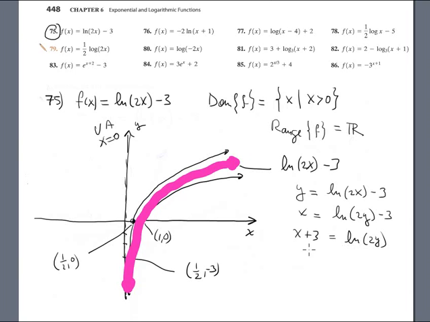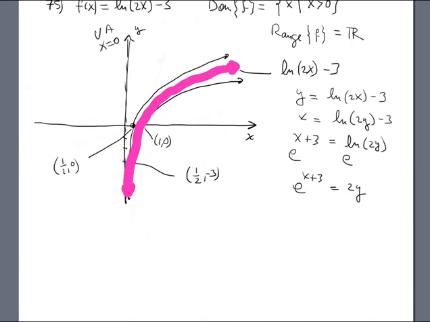Inside the argument is y, so you take the exponential of both sides. The exponential of x plus 3 is equal to 2y. Then the new y, which is the inverse function, is equal to 1/2 e to the x plus 3. So you multiply by 1/2, and of course that is a vertical compression.